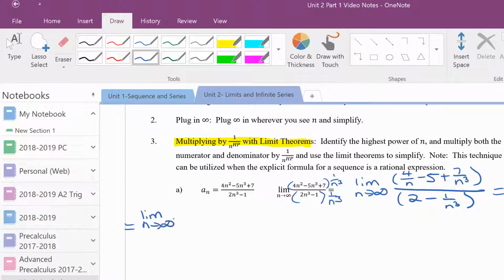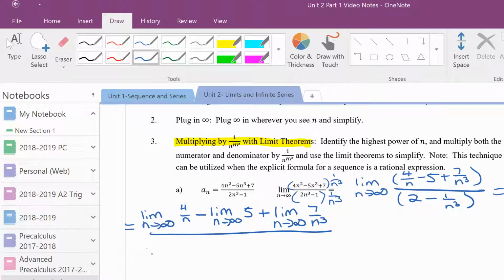So the limit as n approaches infinity of 4 over n minus the limit as n approaches infinity of 5 plus the limit as n approaches infinity of 7 over n to the third divided by the limit as n approaches infinity of 2 minus the limit as n approaches infinity of 1 over n to the third. All right, so now we've separated them.